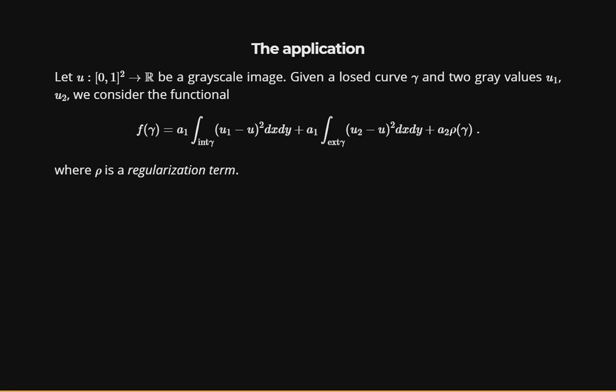some other function of the starting point and the length and the whatnot. The functions e and g before. It's a term that guarantees that our gamma doesn't end up being too wild.